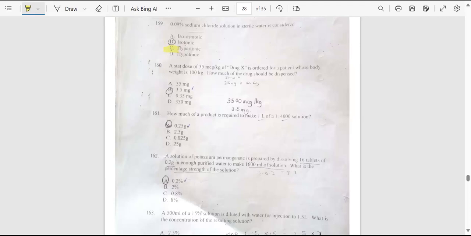What confuses is 0.9 and then 0.09, and I think that was the trick in the question. It's basically saying 0.09 sodium chloride solution in comparison to plasma.